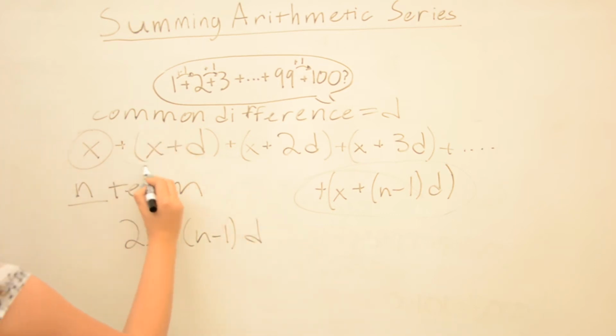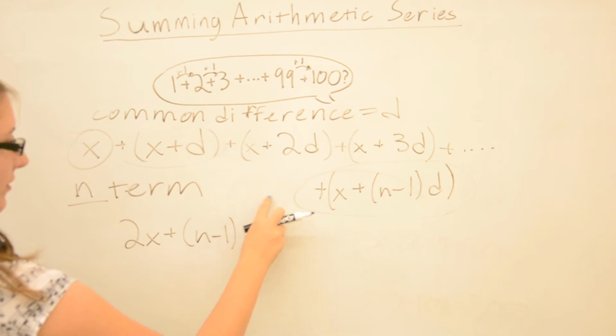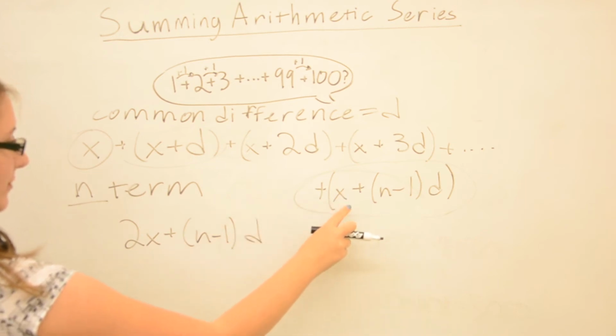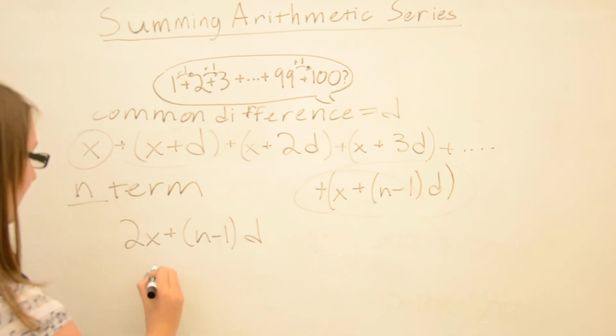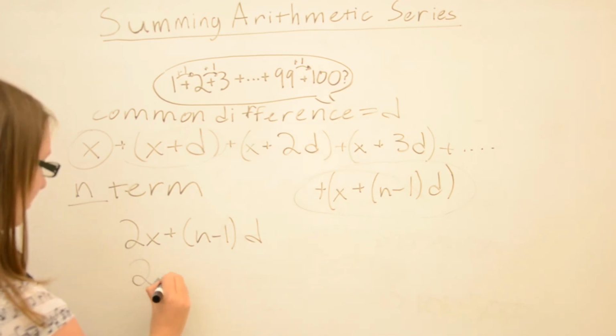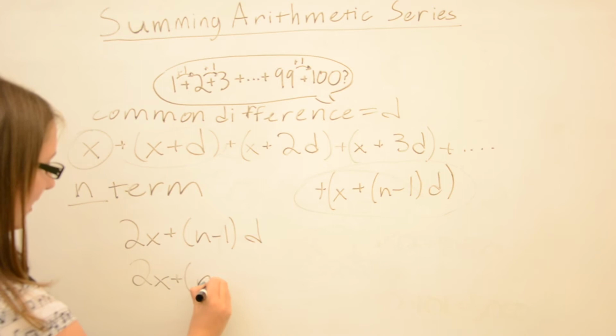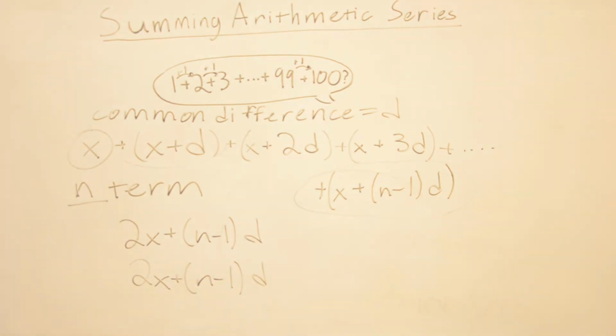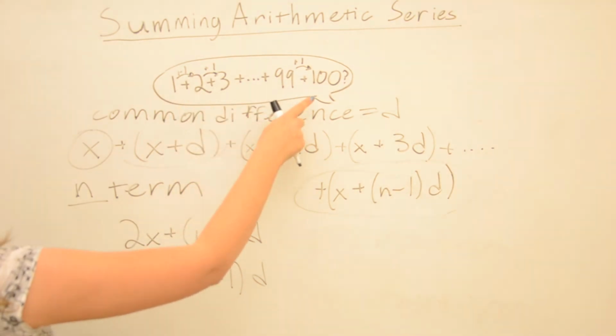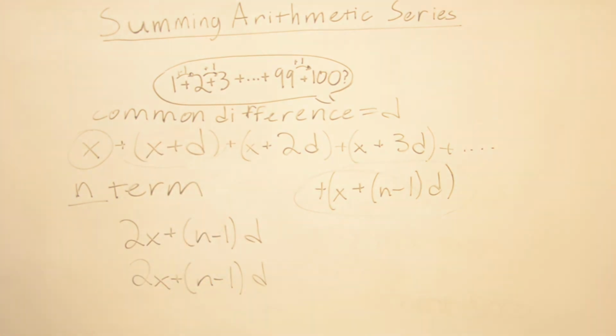And this term plus the one right before this, which I didn't write, but would be x plus n minus 2 d, would again add up to 2x plus n minus 1 d, and so on. Here though, there could be the problem of what if there's an odd number of terms. In this case, there was an even number, so you could pair up everything. But if there's an odd number, there's going to be something in the middle.